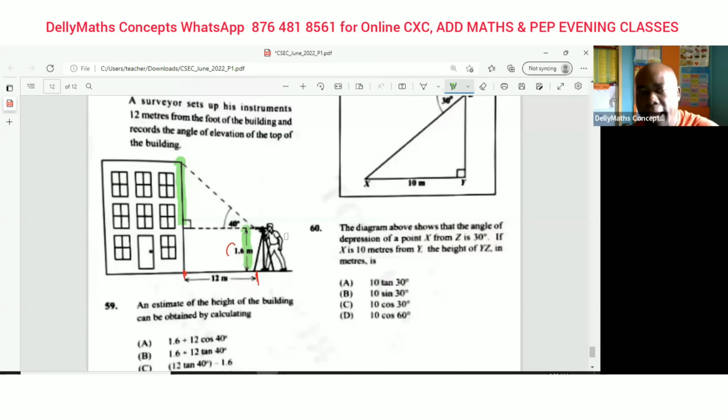Now you do some quick math, because this 12 here is 12 here, and I have an angle, so I could find that.